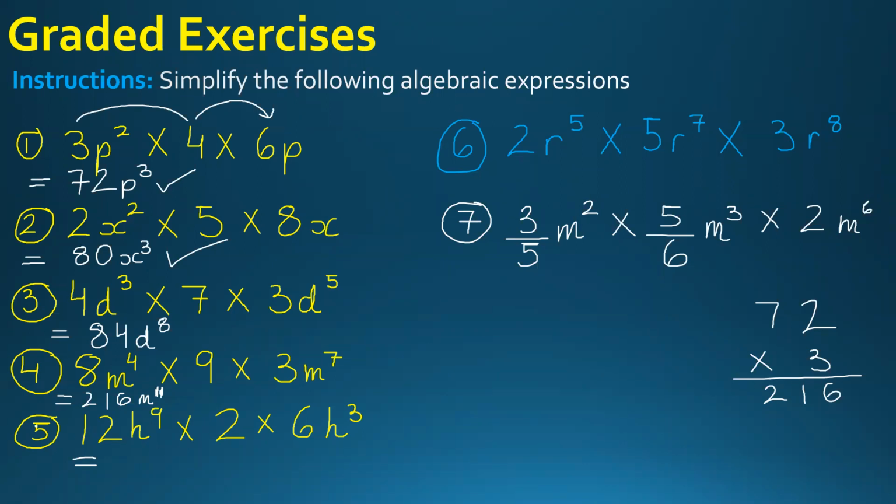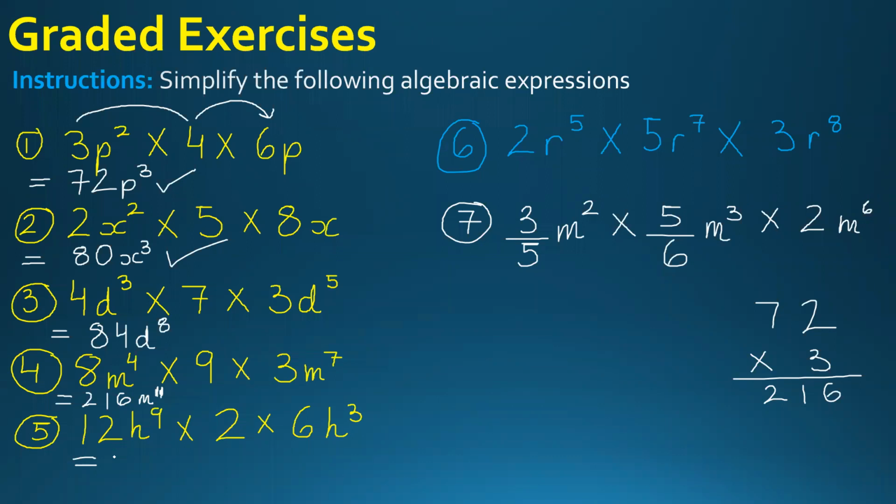Ebony, help me with number 5. First set of brackets, 12 times 2 times 6. And you'll put the times signs there. And the next brackets, h to the power 9 times h to the power 2.